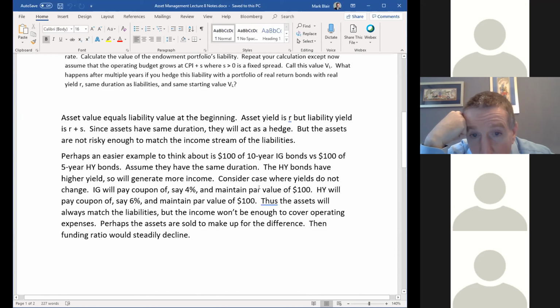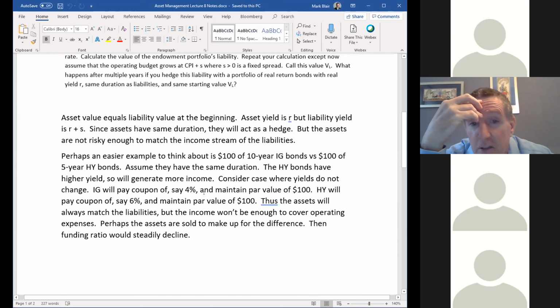income required. Or the other way you could think about it is that you could insist on matching the income, but what that would mean is that you would need to sell 2% of the assets to make up for the difference between the 4% and 6%.